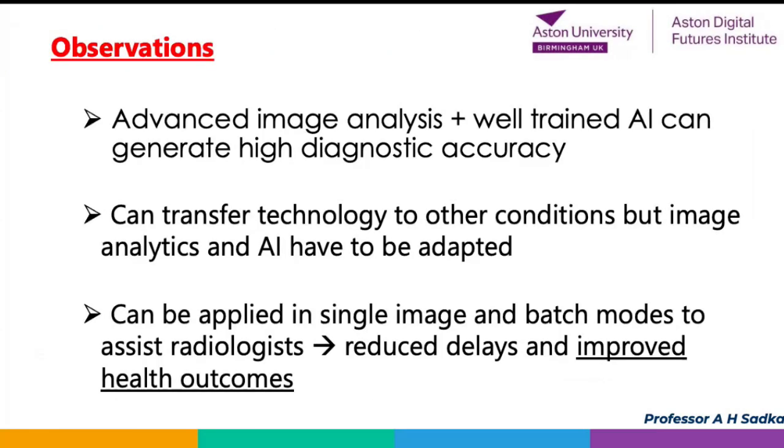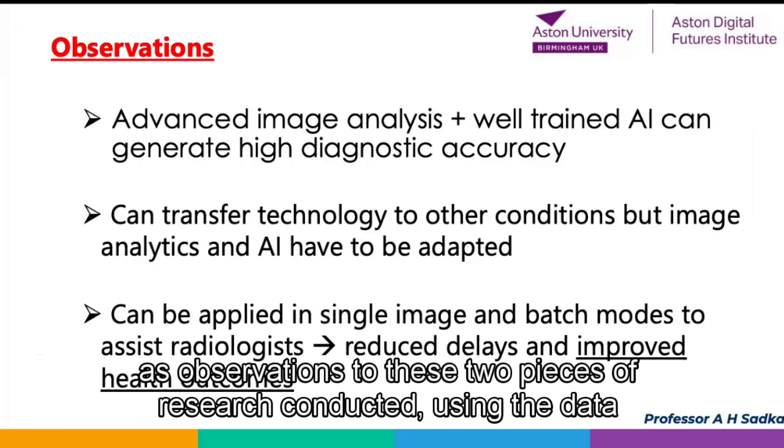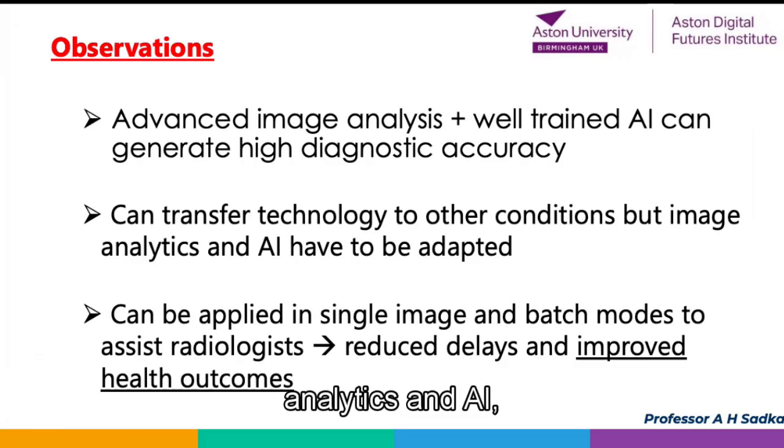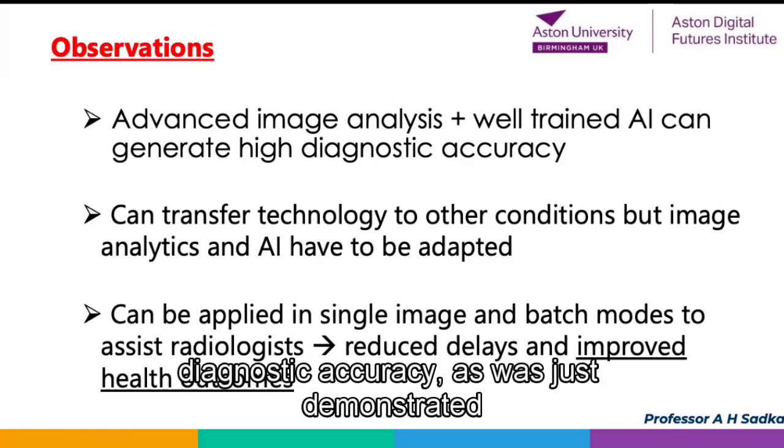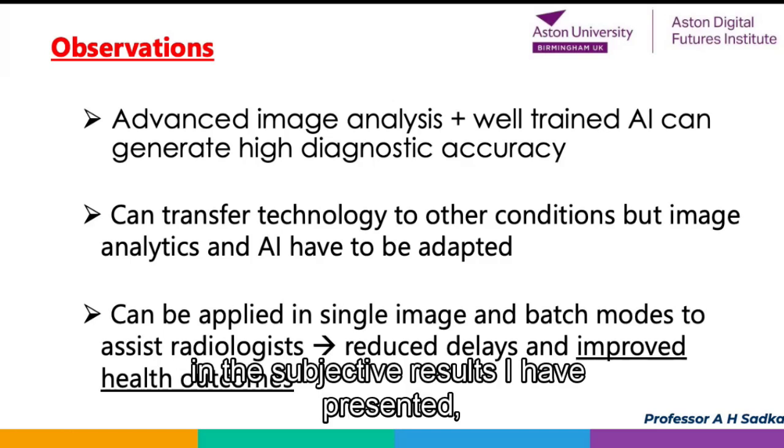So as observations to these two pieces of research that we've conducted using data analytics and AI, the combination of image analysis and AI could really generate high diagnostic accuracy, as was just demonstrated in the subjective results I have presented.